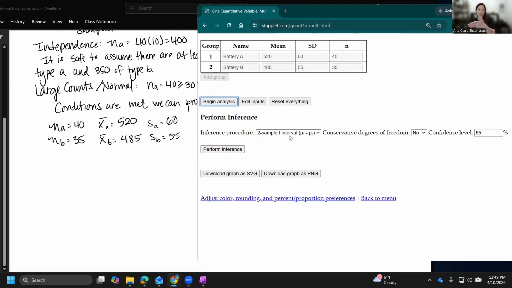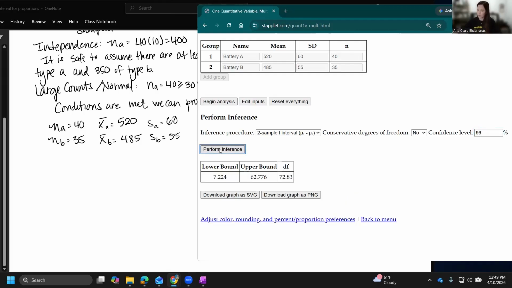And this is where I calculate my interval. It's a t-interval. I'm not using conservative degrees of freedom, but I did want a 96% confidence interval. Conservative degrees of freedom, if you've read the book, was about using the smaller of the sample sizes minus 1. We're going to go ahead and let the computer calculate the degrees of freedom using the formula for two variables.